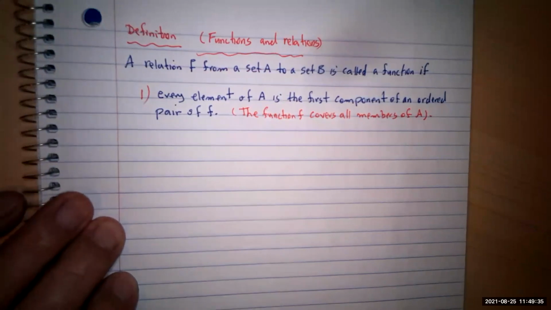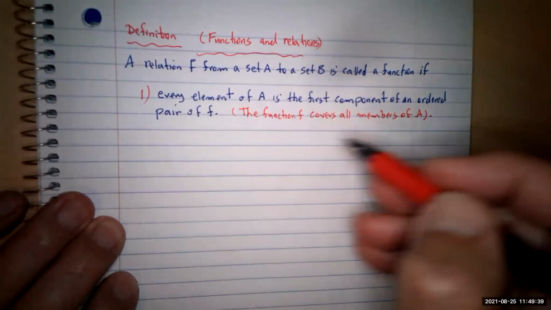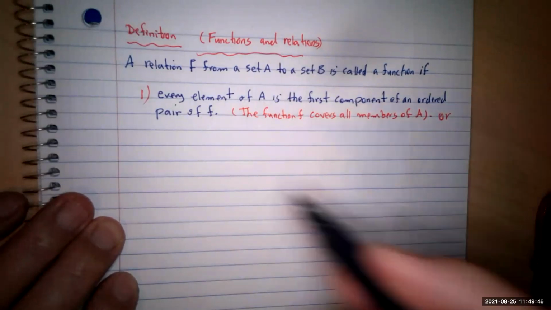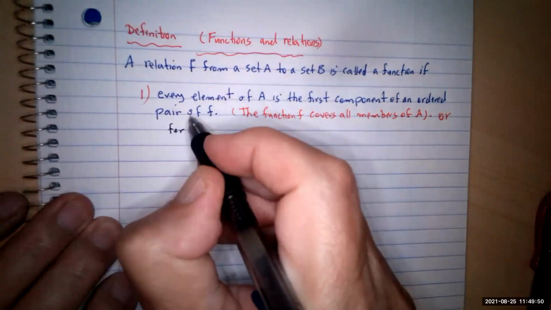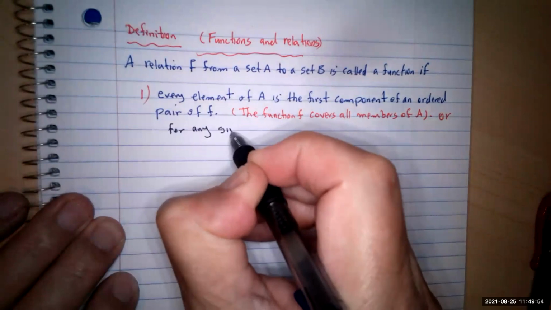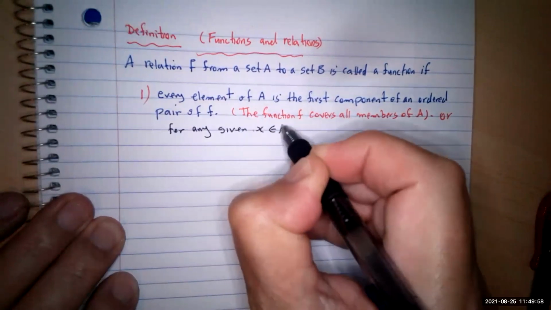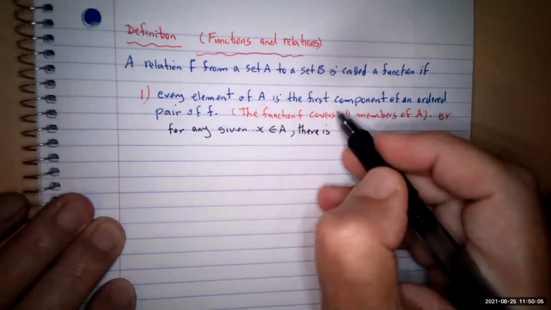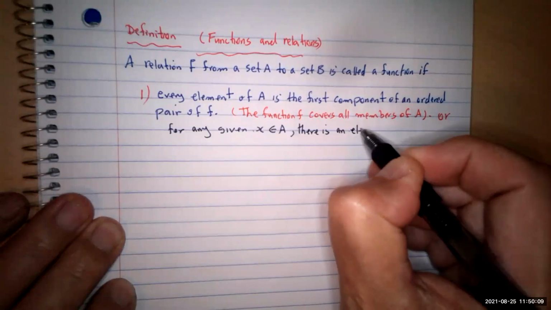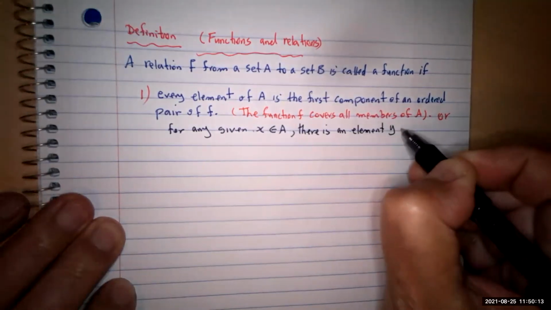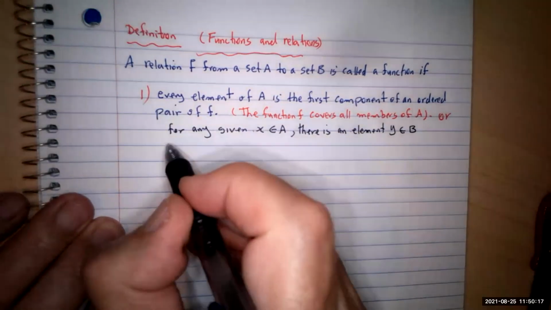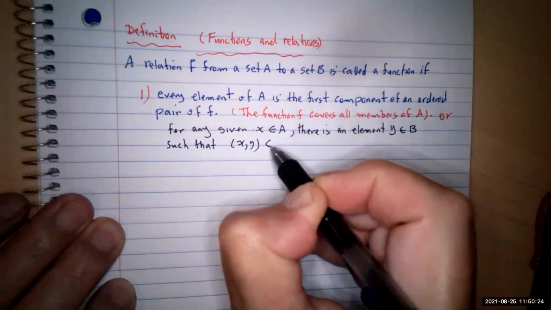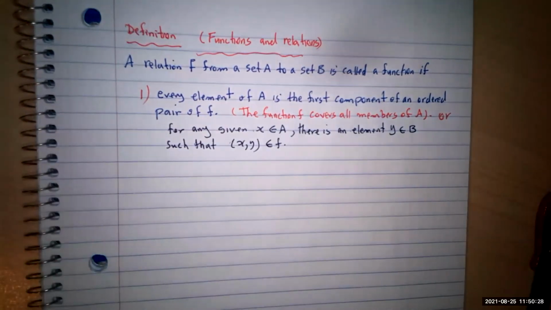So if you like these expressions, or I give you another interpretation: for any given X in A, there is an element Y in B such that X comma Y is in F. That's the algebraic format.